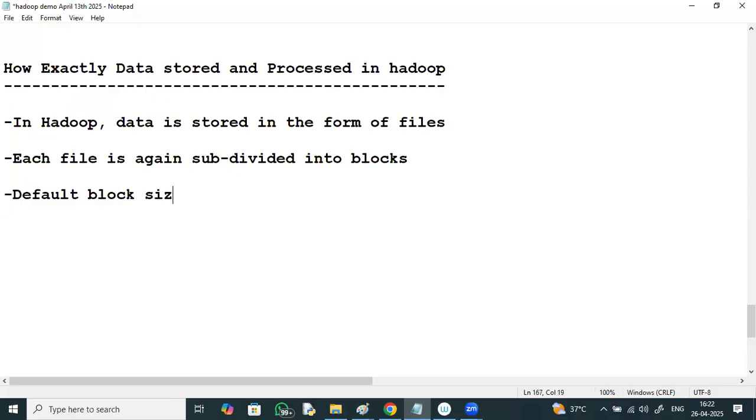What will be the default block size? The default block size is 64 MB. In the latest versions, it is 128 MB.